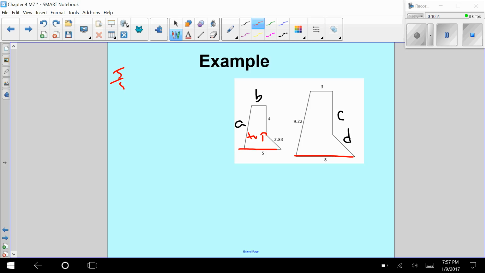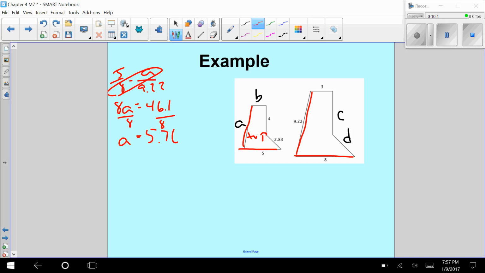So 5 over 8 equals, let's use A over 9.22. Cross multiply, I get 8A equals 5 times 9.22, which is 46.1. Divide both sides by 8. And A equals 5.76. Remember, round to 2 decimal places if you need to.